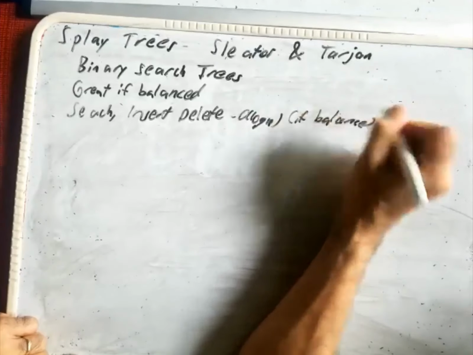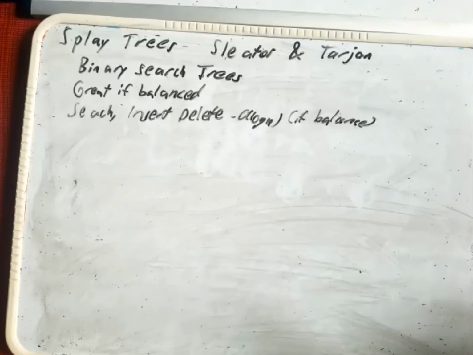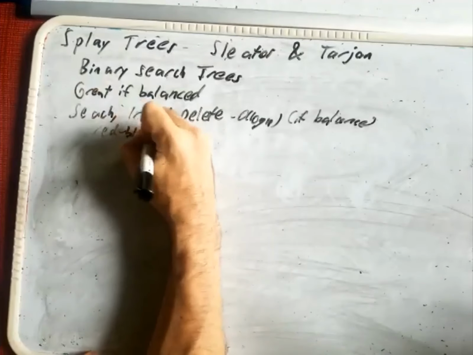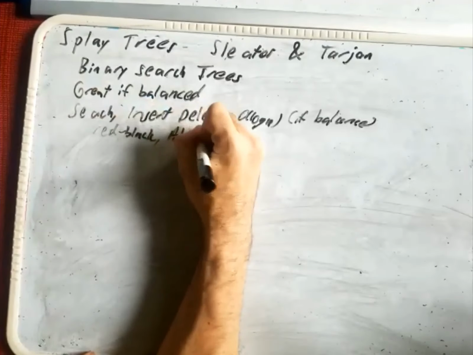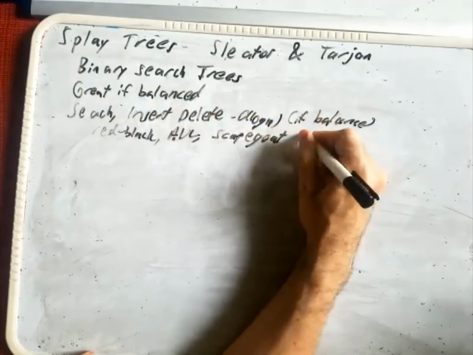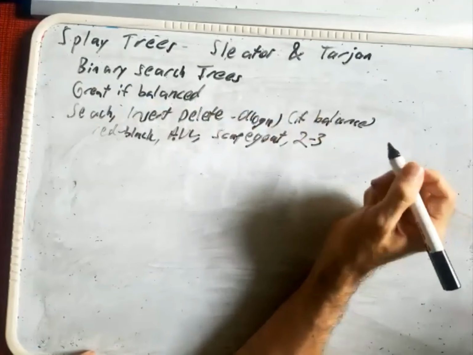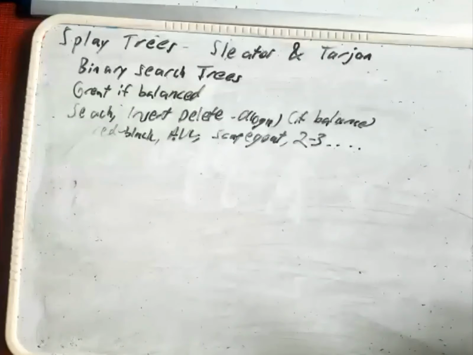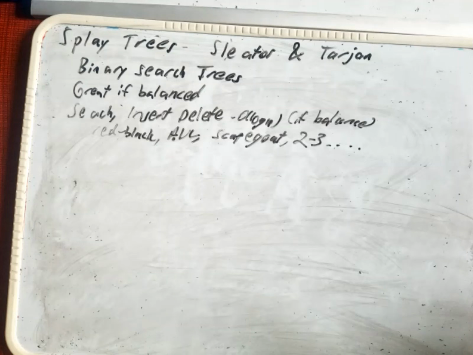And therefore, people have come up with a tremendous variety of ways to balance binary search trees. There's red-black trees, there's AVL trees, there's scapegoat trees, there's 2-3 trees, which aren't really binary trees, but are close enough. It goes on and on, right? And the goal of all of these search tree data structures is to keep the tree balanced so that all of the basic operations of search, insert, and delete run in order log n time per operation.